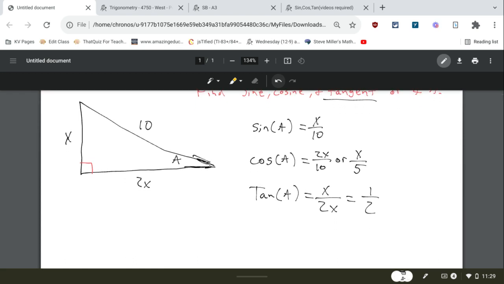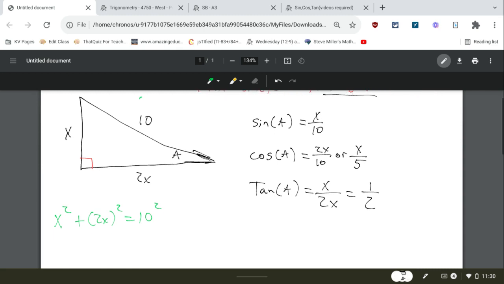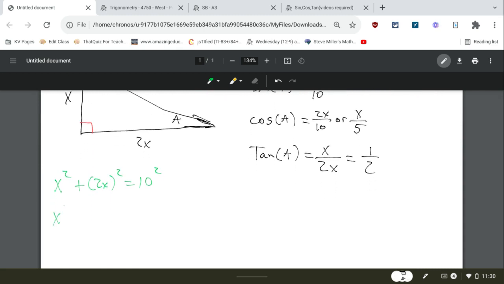To figure out what x is, of course, we're going to have to use the Pythagorean theorem. Let's go ahead and write an equation with that. It's going to be the leg squared plus the other leg squared is equal to the hypotenuse squared. x squared plus (2x) squared, which is 4x squared, that's 2x times 2x.